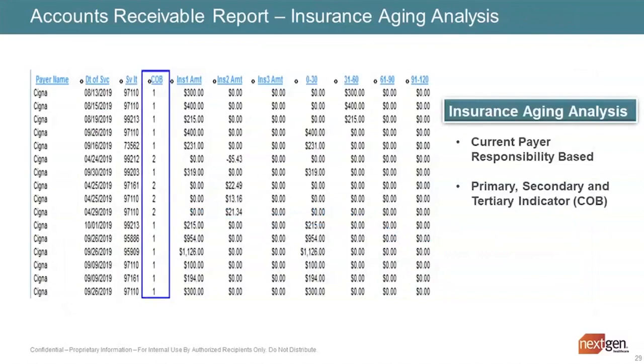You're going to see here that it only gives me one payer name because this report gives you the current payer responsibility based, which means where the AR sits right now, it's going to tell you.